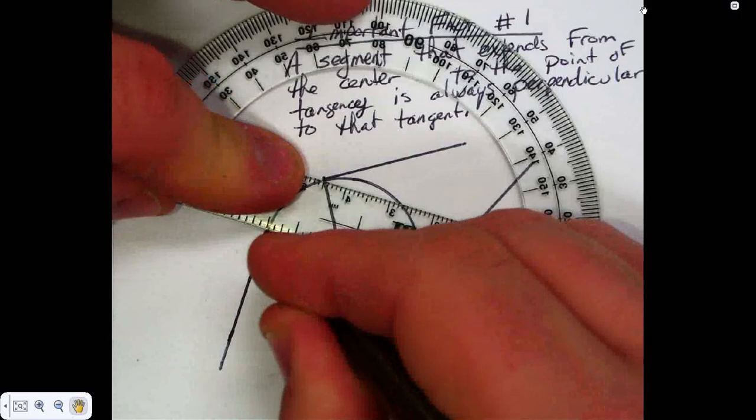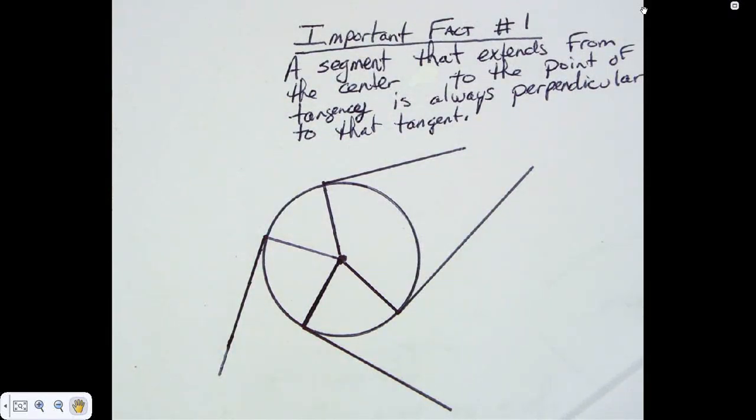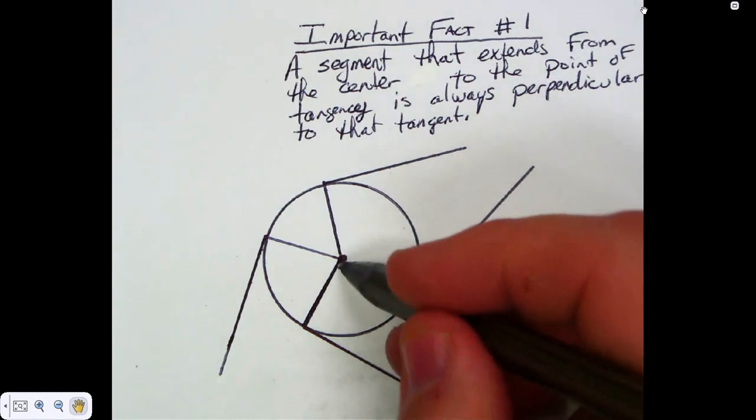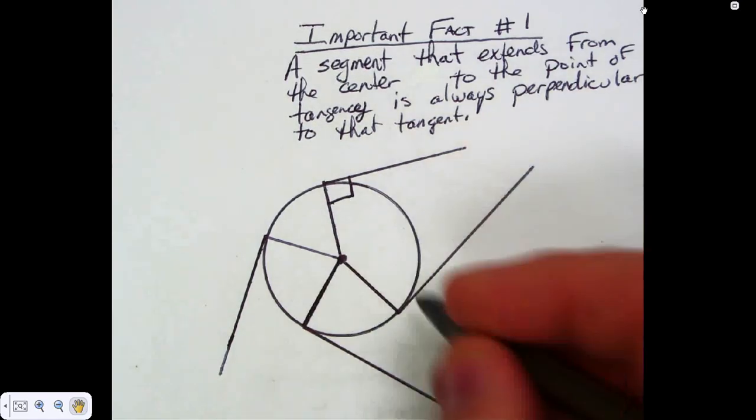For the most part, it seems to hold true, doesn't it? What do all those angles seem to be? 90 degrees. Now, here's the deal. When you do your homework, or when they have some of these drawn, they're probably going to be drawn just like that. What have they left off? Right. They want you to know, not because it looks like it, but because of the theorem, or important fact number 1, that any time a line segment goes from the center to the point of tangency, it creates a right angle.